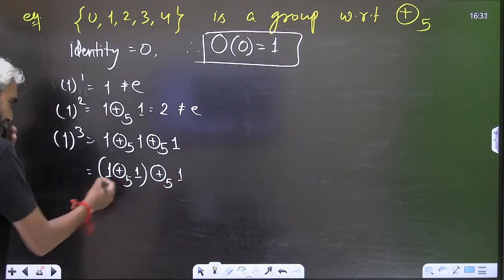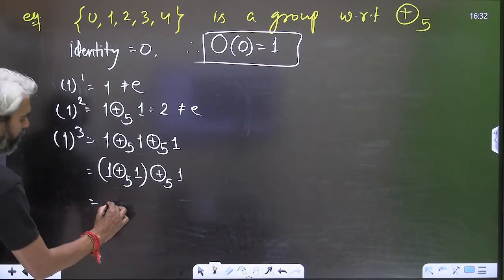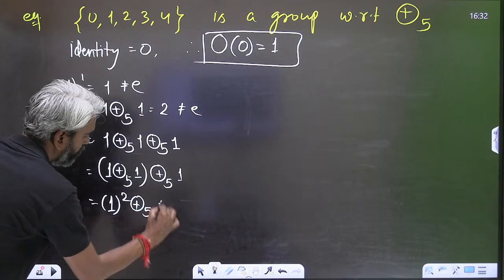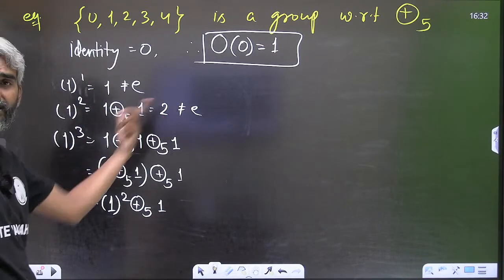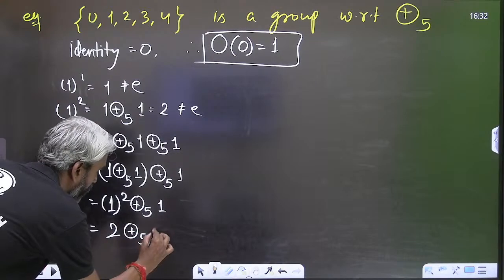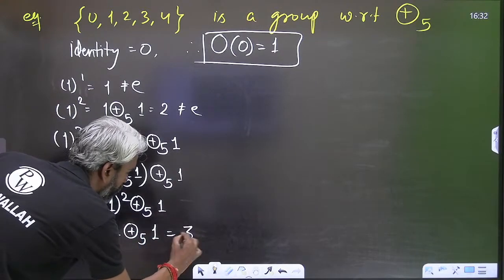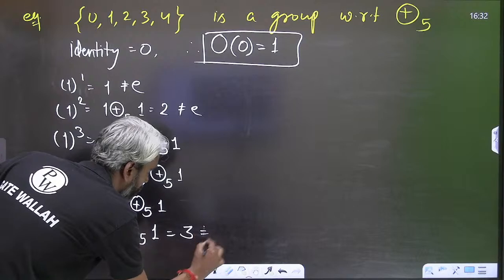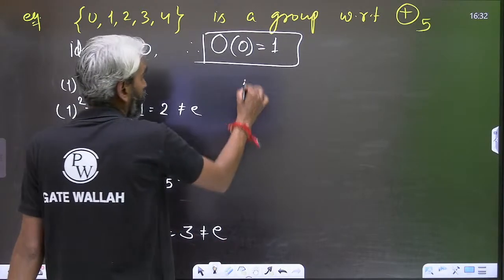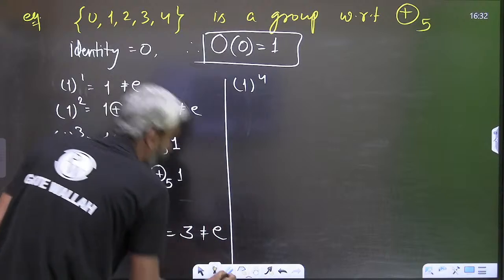So that is 1 square addition modulo 5 with 1. What is the value of 1 square? 1 square is 2. So basically we are writing 2 addition modulo 5 with 1, which is nothing but 3. So this is not the identity element. Similarly, sir, if we look at 1 raised power 4.